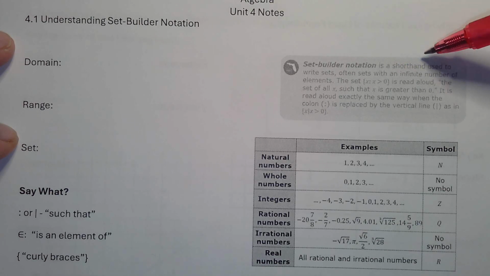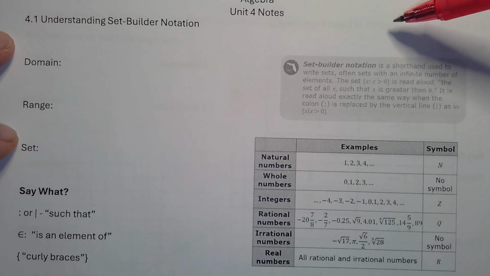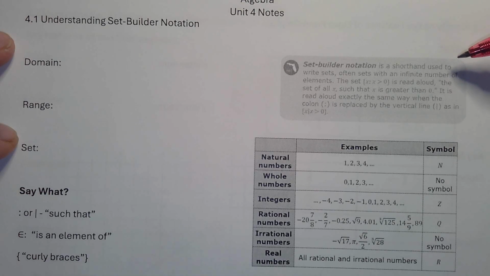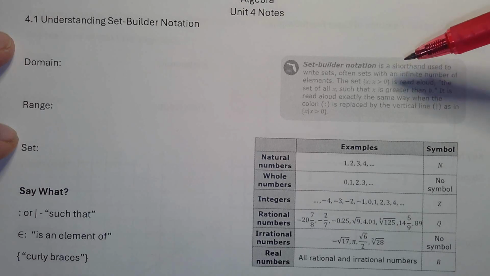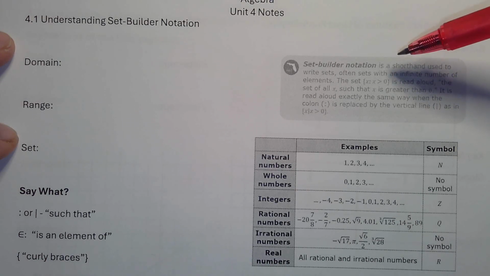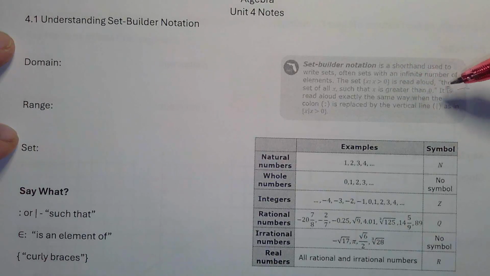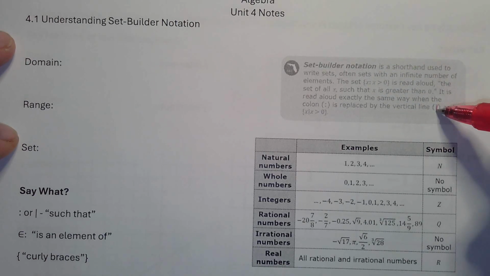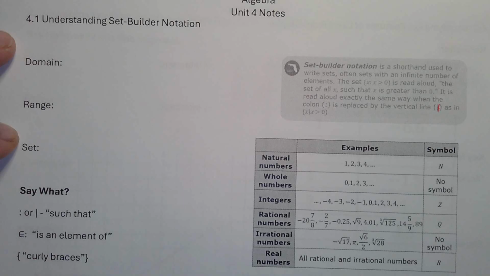So set builder notation is a shorthand used to write sets, especially if it's an infinite number of elements, right? Like the set of x such that x is greater than 0 would be read aloud. The set of all x such that x is greater than 0 is read aloud exactly the same way, with a colon replaced with this vertical line.